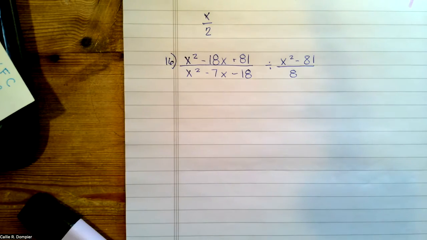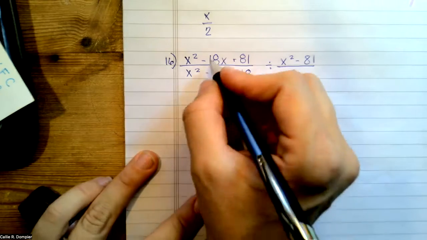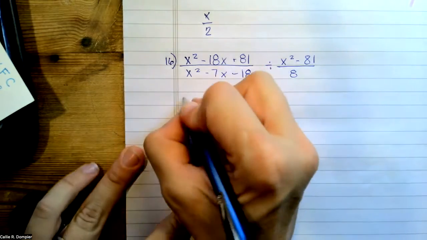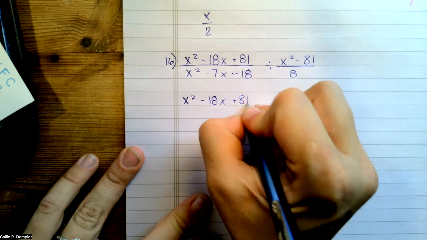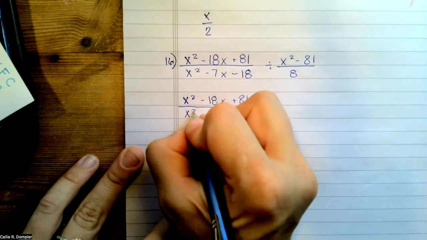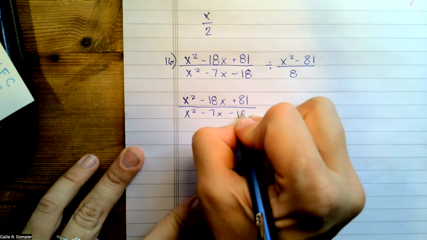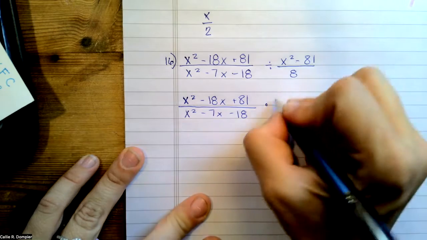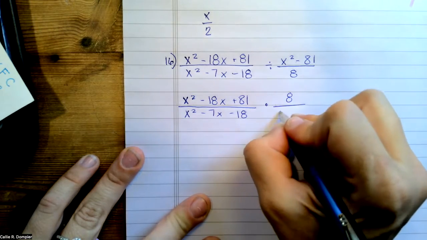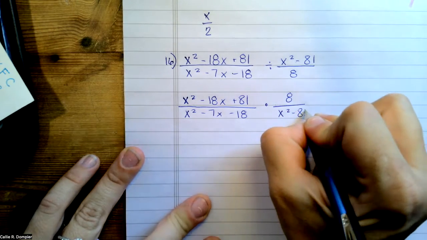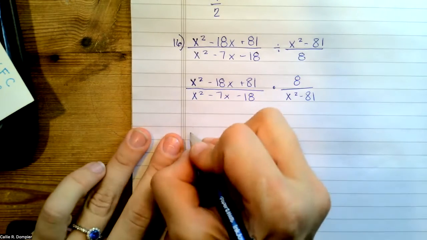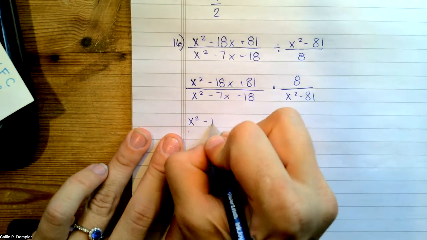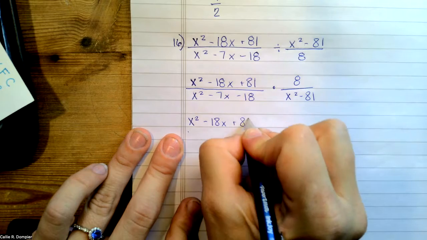All right, 16: keep, flip, change. This is just 8. This is x squared minus 81. Let's take that first one, x squared minus 18x plus 81.